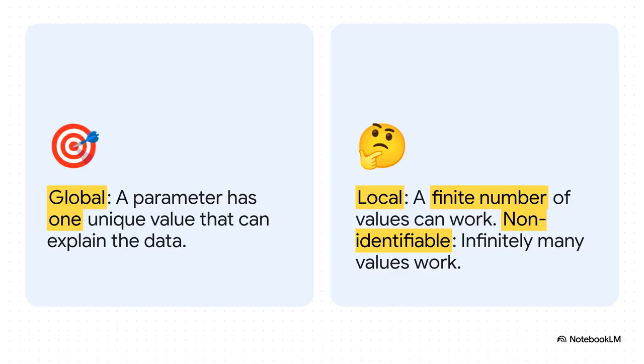A parameter is globally identifiable if there's one and only one possible value that can explain the data. It's locally identifiable if maybe a few different values could all work. And it's not identifiable if a whole range, literally infinitely many values, all give you the exact same result. Our goal, of course, is to work with globally identifiable parameters. Otherwise, we're just chasing ghosts.